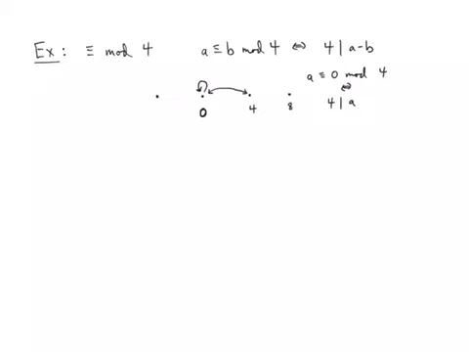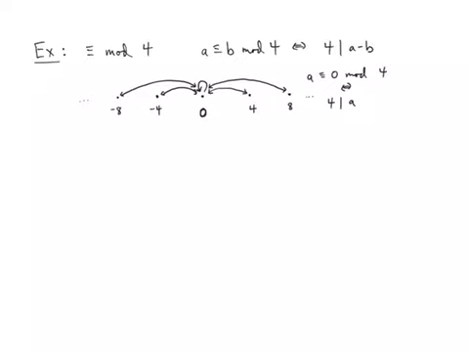So if I put other multiples of 4 in here, negative 4, negative 8, etc., then we have to have arrows from 0 to all of those things. And any of those arrows has to be a double arrow because our relation is symmetric. So we start getting a very busy looking diagram already. All of the multiples of 4 are related to 0 mod 4.